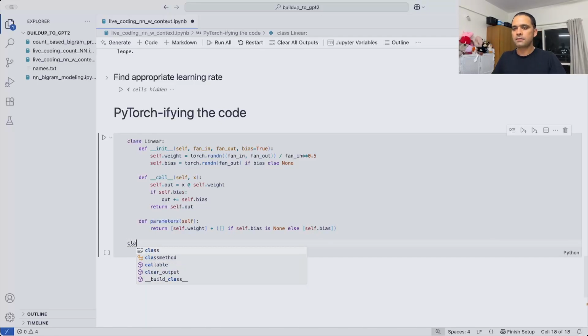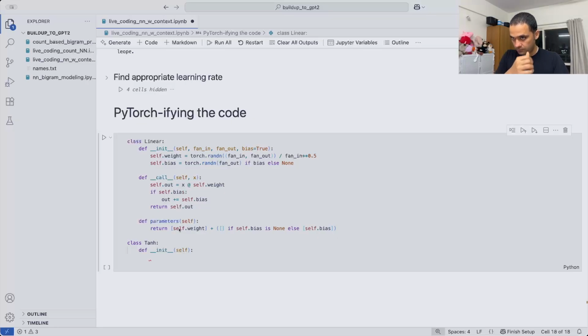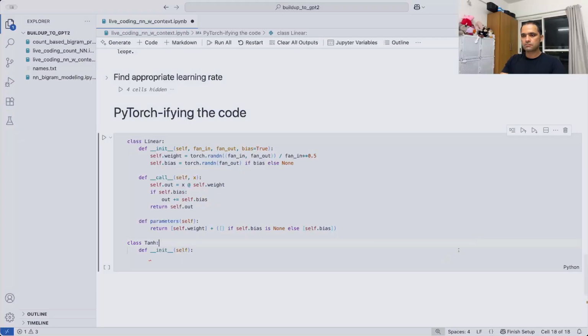Now let's define our tanh. For tanh, there won't be any need for initializing it because we can directly define the call method.